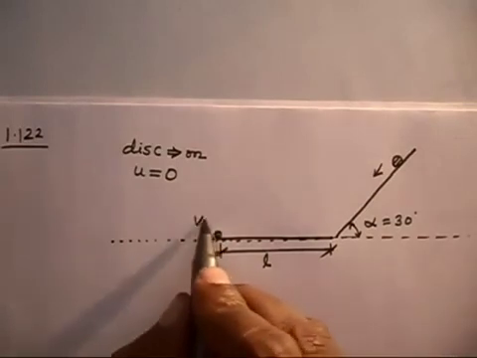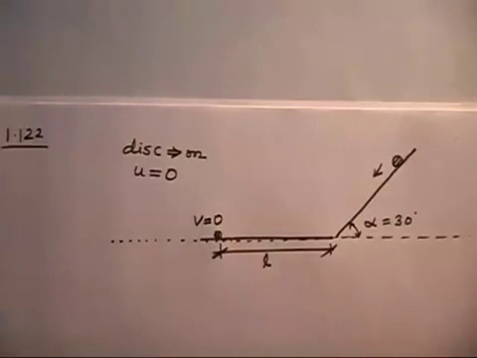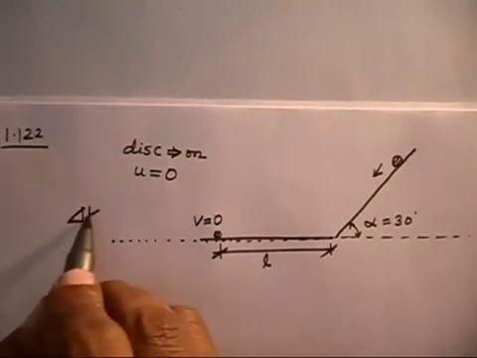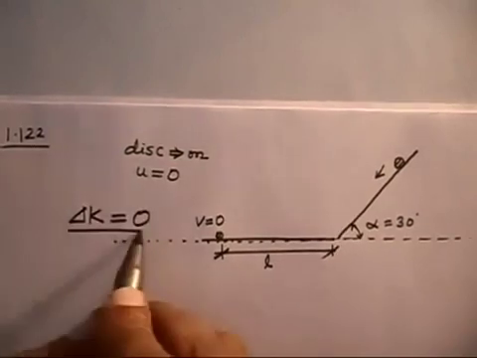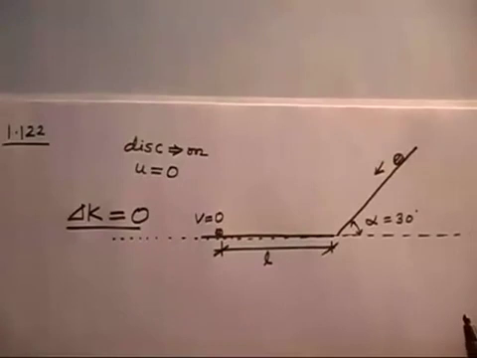So V is 0. This means I have to apply the kinetic energy theorem. Initial velocity is 0, final velocity is 0, so the change in kinetic energy is 0. That is delta K is 0.